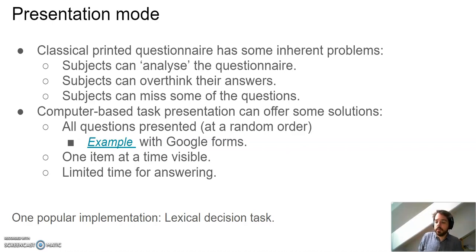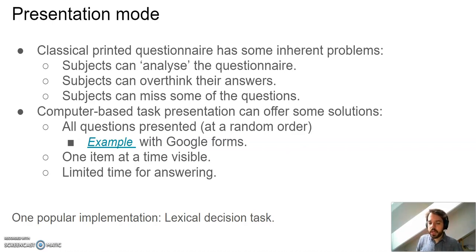And they can also, trivially, miss some of the questions, right? They can just not notice some of the questions, and then you get no answer, and then you don't know how to code that, whether that's an answer in itself, or it's just a matter of not having noticed the item. So all these issues can be resolved with a computer-based task presentation.